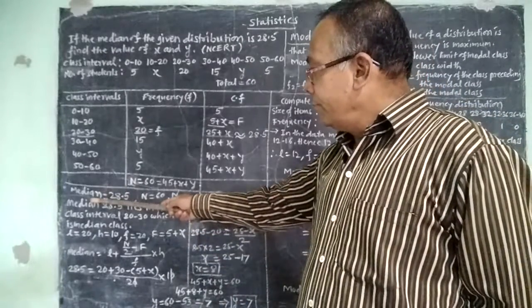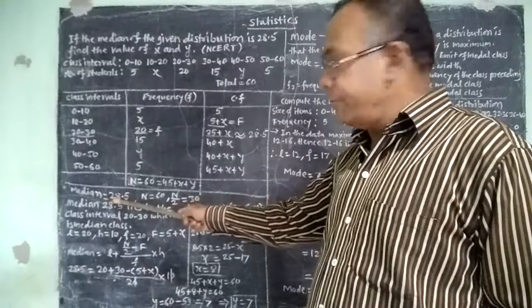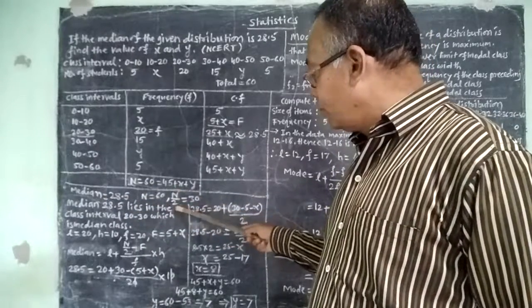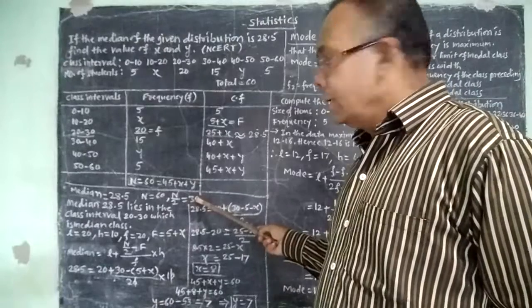First of all, the median is given as 28.5, n is given as 60, and therefore n upon 2 is equal to 30.